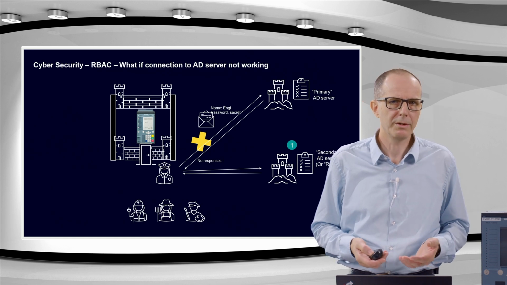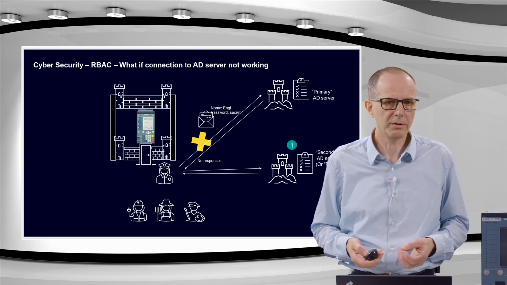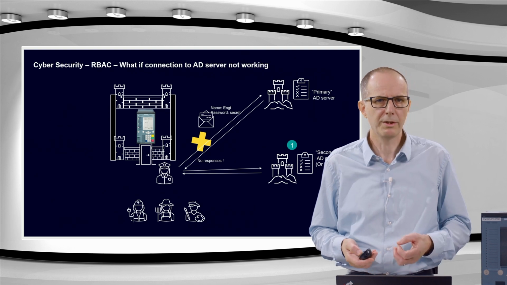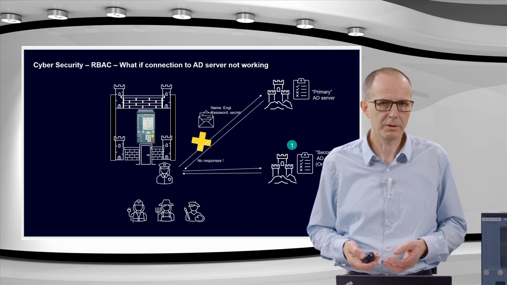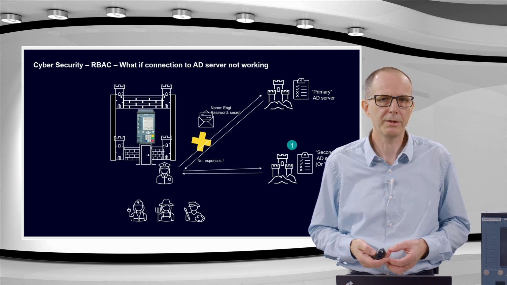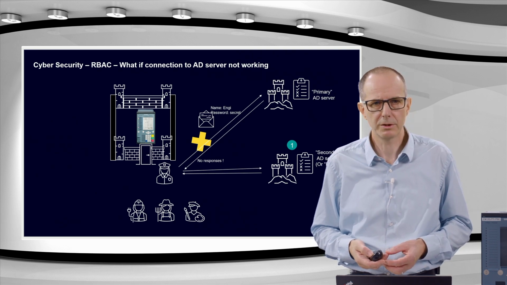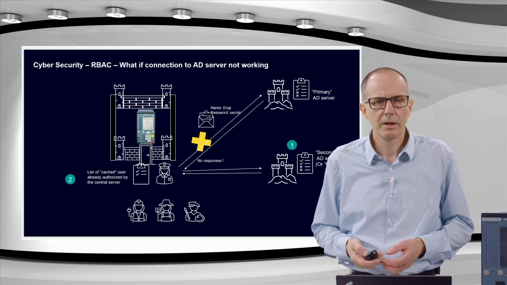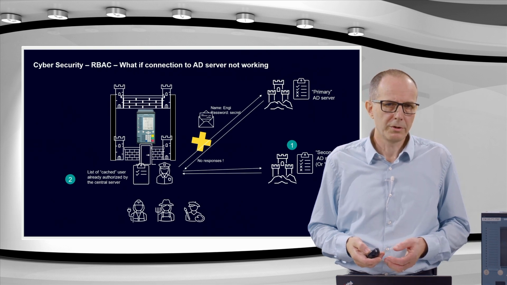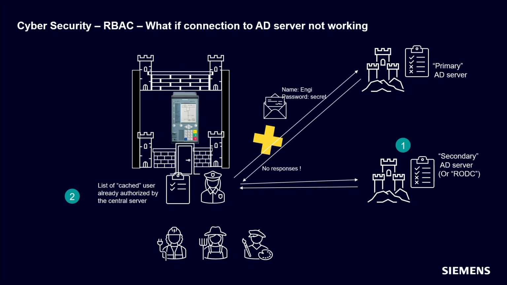Most of the time, it is good practice to have a so-called RODC, or read-only domain controller, a regular copy of the maintained user list inside the substation. Second measure is that your device can cache the already logged-in users when the LDAP server is available. And the third and last measure is to set an emergency user with all the permissions.